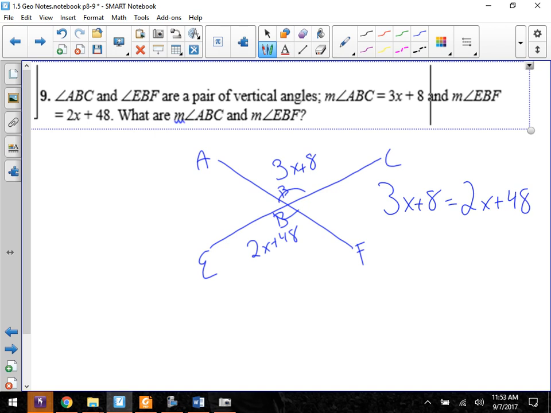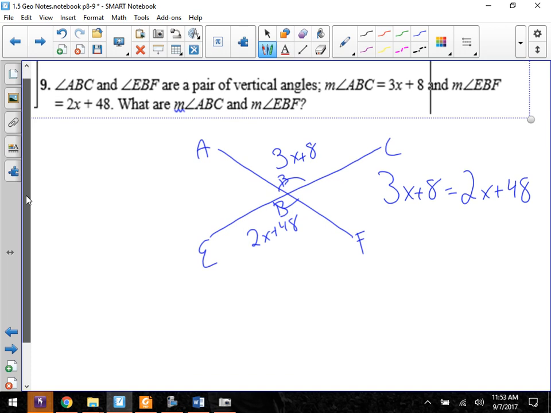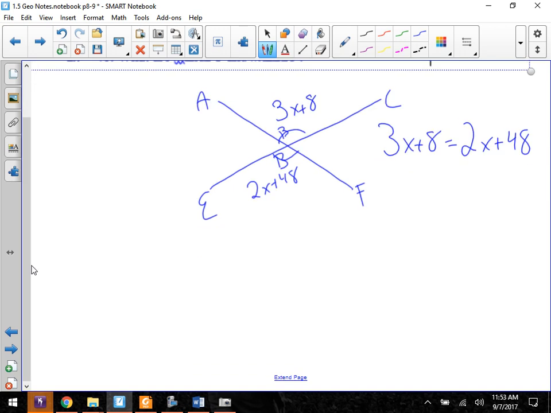This one's really fast. Can I do both steps at once? We'll be okay with that? You guys have done that before when you have variables on both sides and you just do both at the same time. Do you have to? Sometimes it's quick, like this one, there's not much to it. I write it out. Subtract the 2x from here, subtract the 2x from here, subtract the 8, subtract the 8.